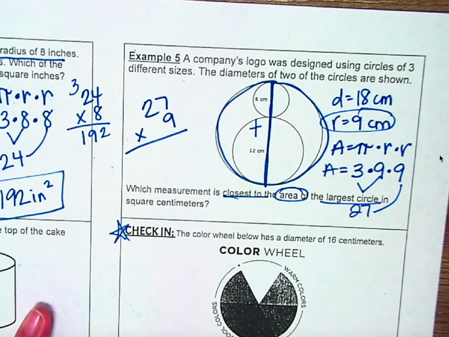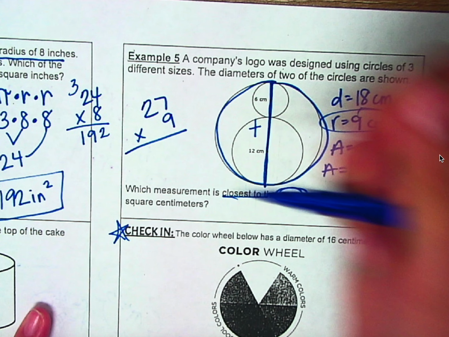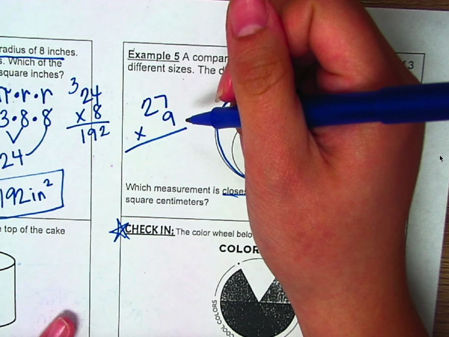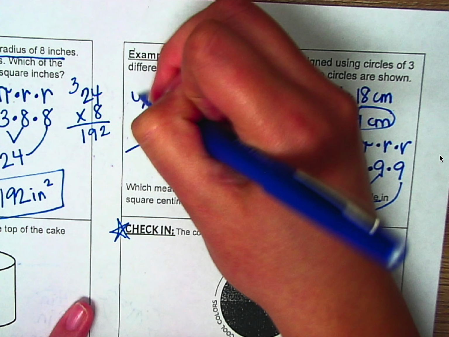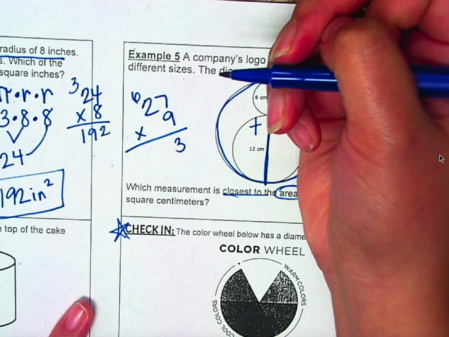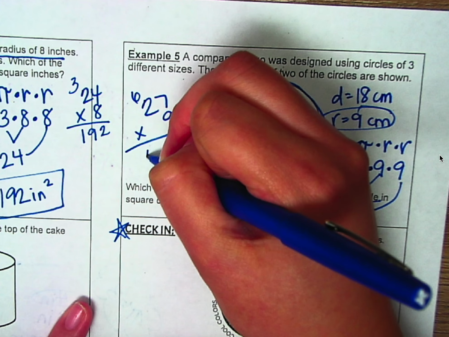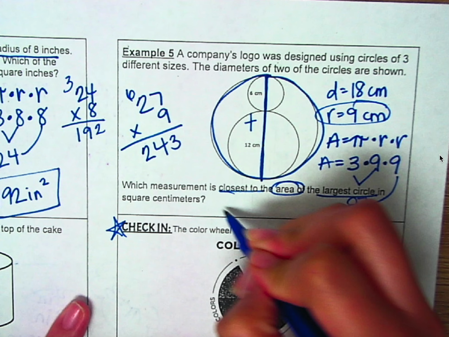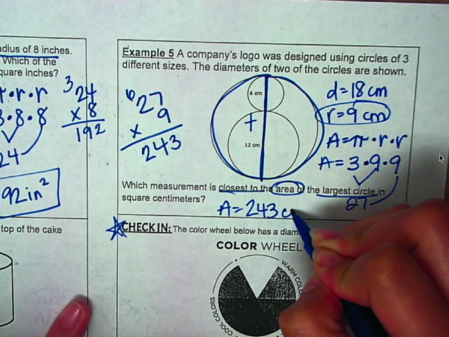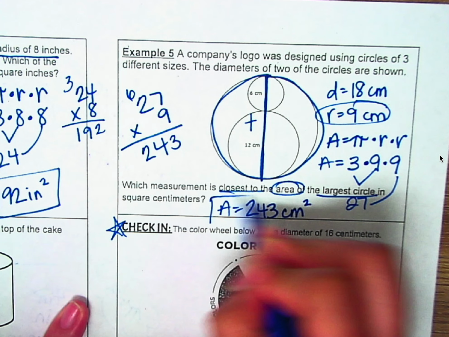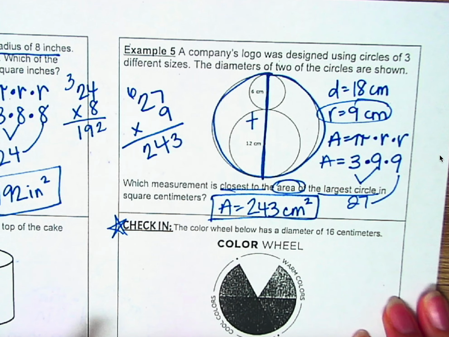I need to see all of these steps. And I need to see where you solved, where you did the math. 9 times 7 is 63, and 9 times 2 is 18, plus 6 is 24. So my answer, A equals 243 centimeters squared. And I'm going to box my answer. Okay.